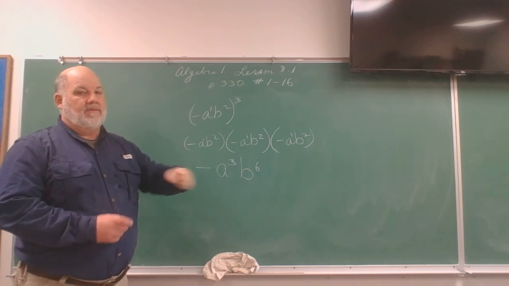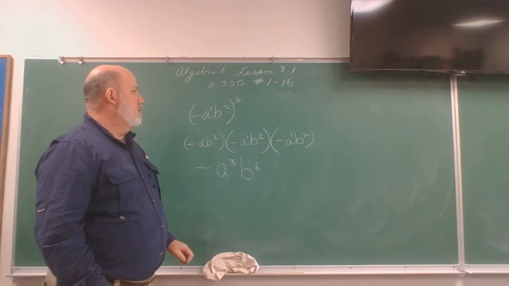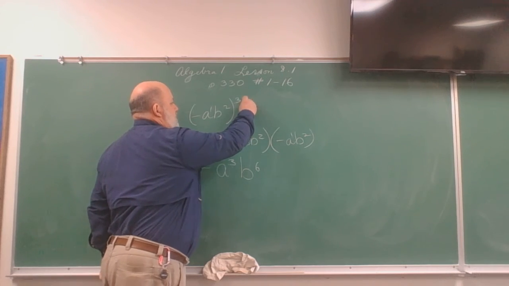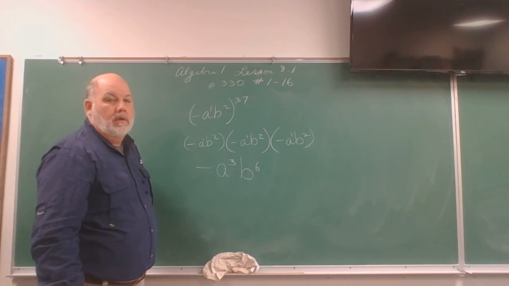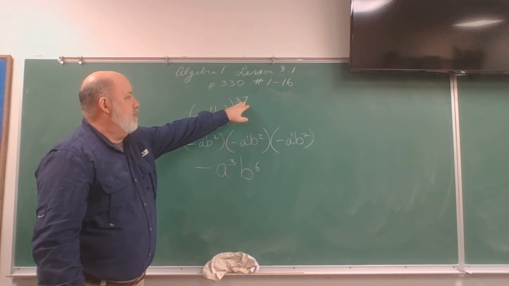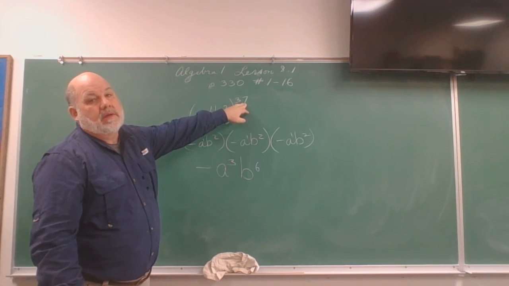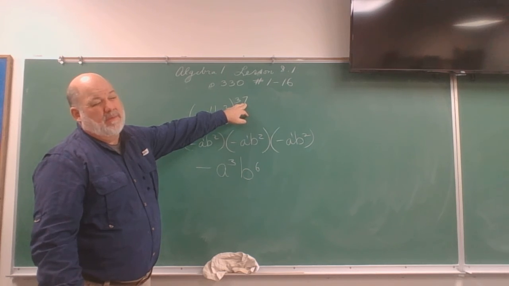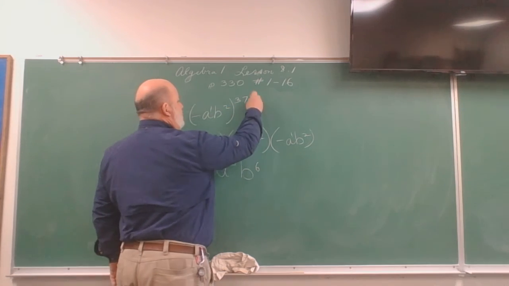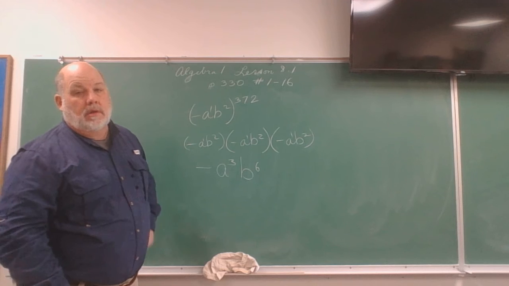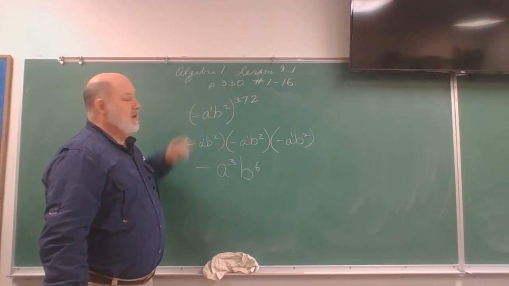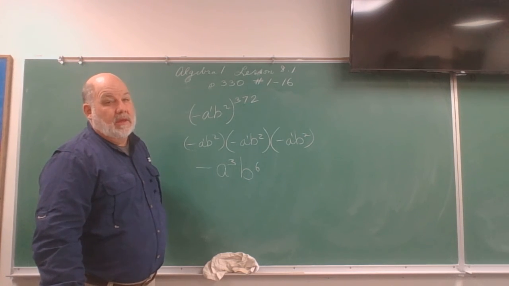Negative, positive, negative, you got 3 times. If this had been the number 37 out there, we could do the same thing. I can tell you right off the bat that number is going to be negative because that power is odd. If it's 37 squared, that's an even number. I can tell you my final answer is going to be even.